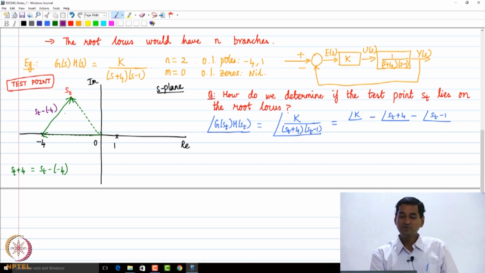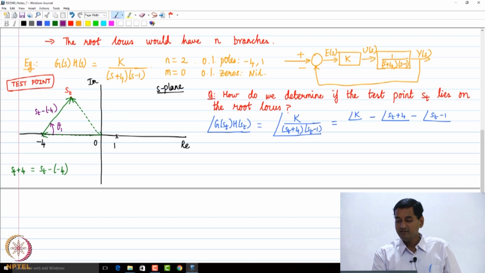So, what is the angle made by that with the direction of the positive real axis? It's going to be this. Let us call this some theta 1.